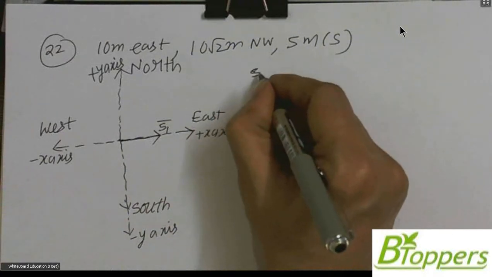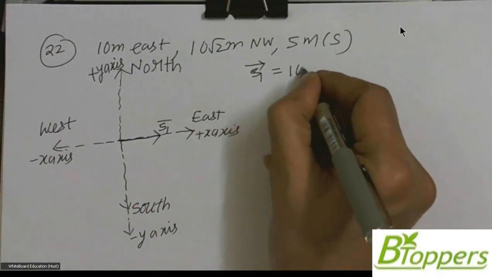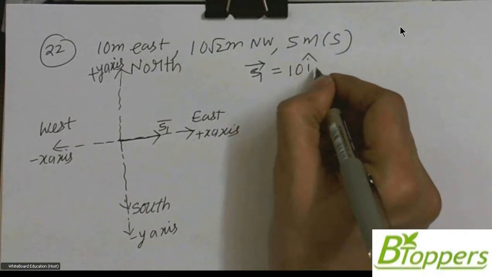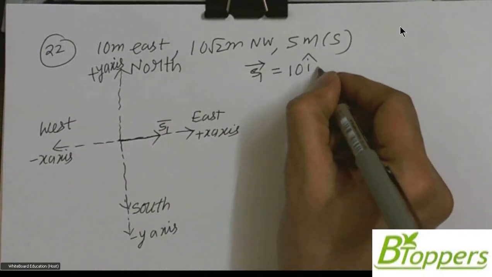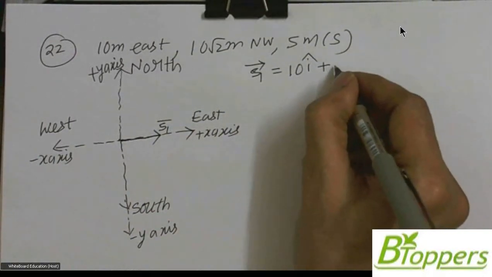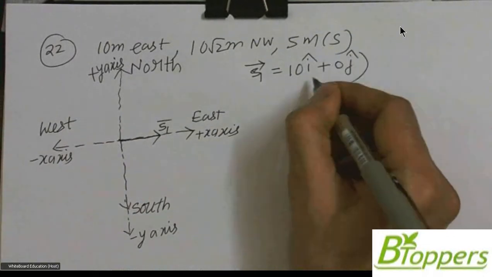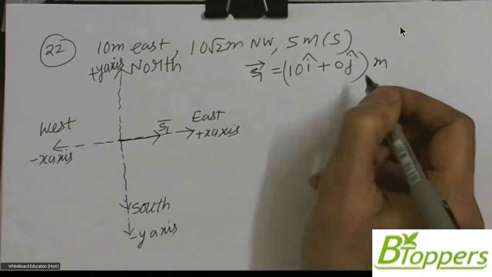So in vector form, S1 bar can be written as 10 i cap meter, but its component along y-axis is 0, that is 0 j cap meter.